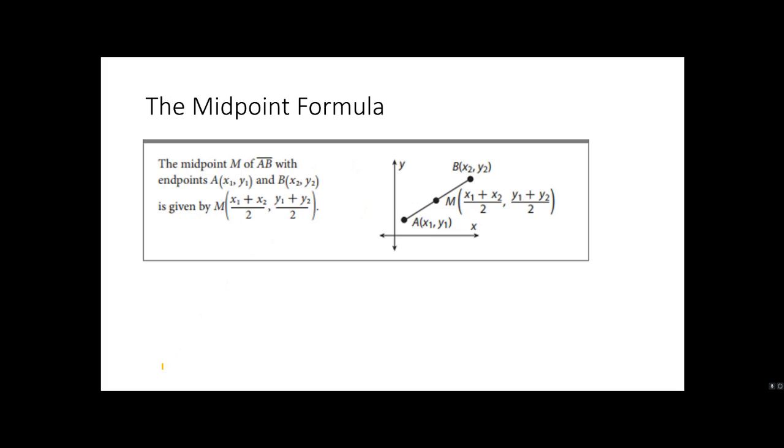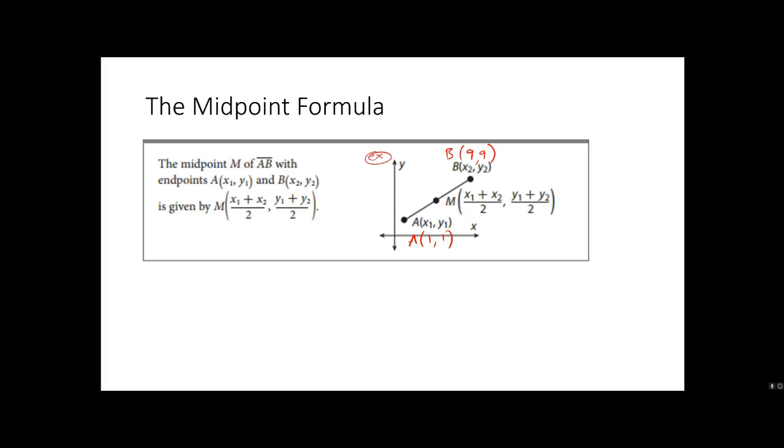Now the midpoint formula. It's basically finding the average, and basically the point in the middle. So let me explain. Let's say point A was given to us by 1, 1. All right. And point B was given to us as, and this is the example, 9, 9.